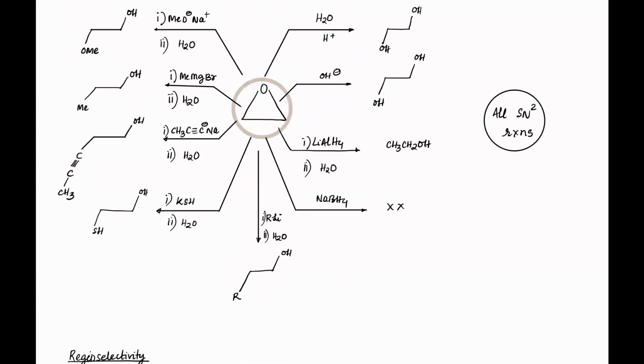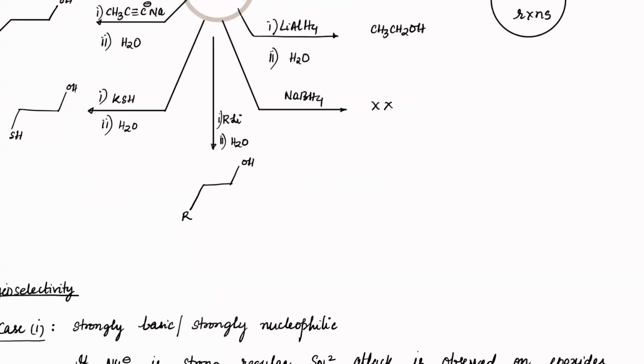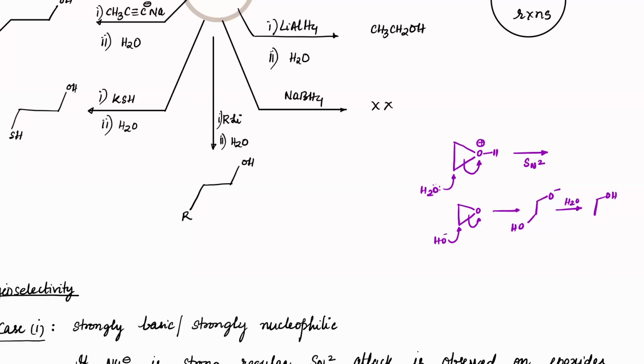First protonation, let me show you that here, and then attack of water or the nucleophile present. This is in acidic condition, but the mechanism is SN2 only. This is SN2 driven. Or if you have it in basic cases, the base will directly approach, break this bond, convert into O minus and OH here, and thereafter on hydrolysis, you'll get OH and OH.